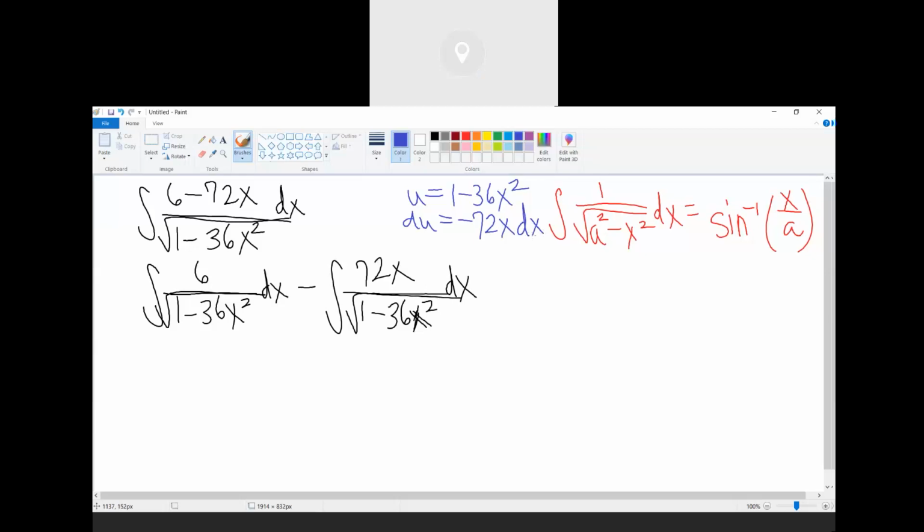Well, that is exactly what is in our original problem, negative 72x dx. So we can plug in our u and du right away. Be careful when you plug in your negative, this is going to become a positive sign now. Integral of du all over the square root of u.